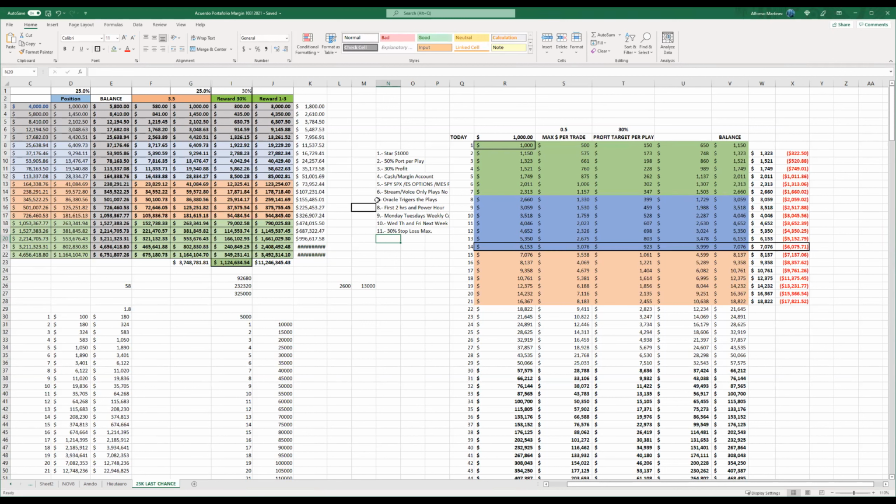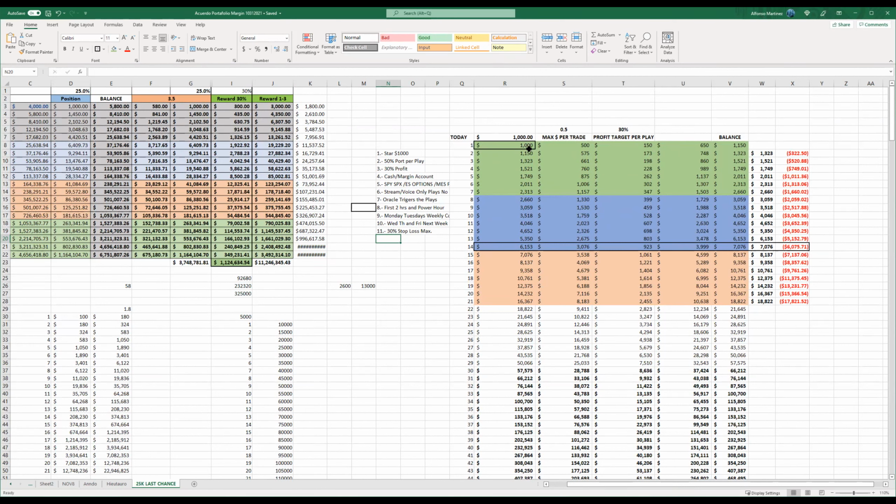And we're going to follow this. Everybody does these compound tables, and they look very nice on paper, but we're going to try to stick to this plan based on these rules. We're going to start with 1,000, trade 500, and go for 30%. Once we secure at least 150 profit, we're done, even if you put a stop limit there or whatever.